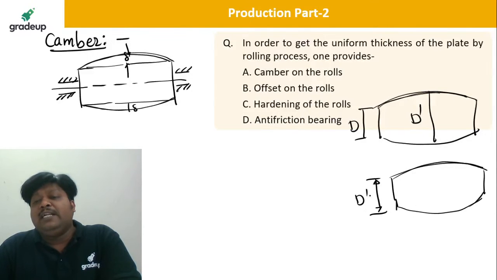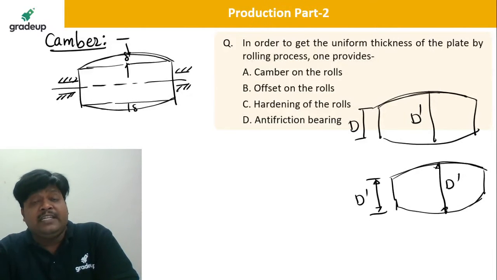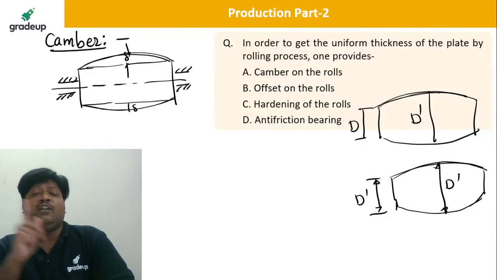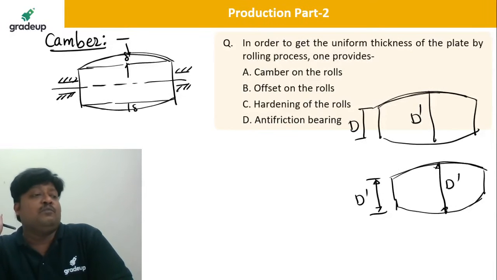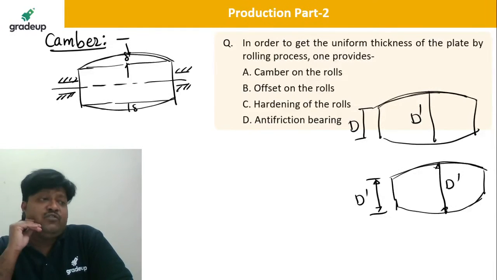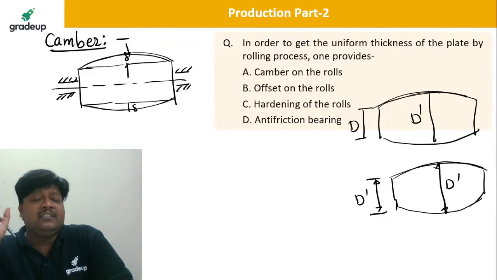And when you provide the camber, dear students, you are assuring that the roll is not going to deflect. If the roller does not deflect, then whatever thickness you produce along the lengthwise direction in the rolling process will always be uniform, otherwise it cannot be uniform. So to understand this, we do not want deflection.